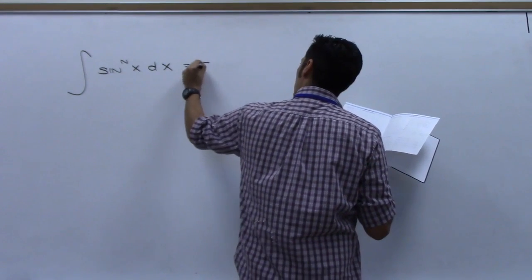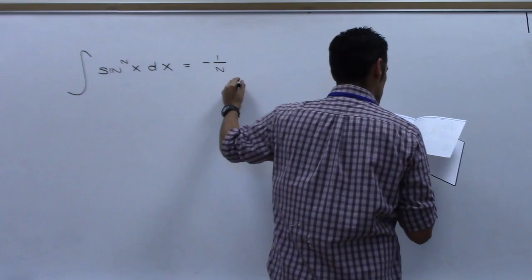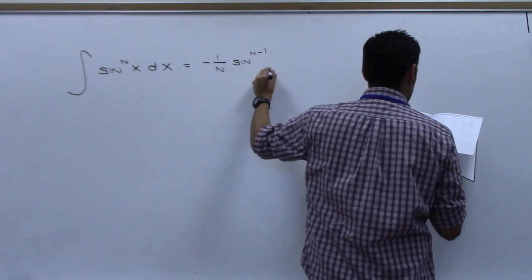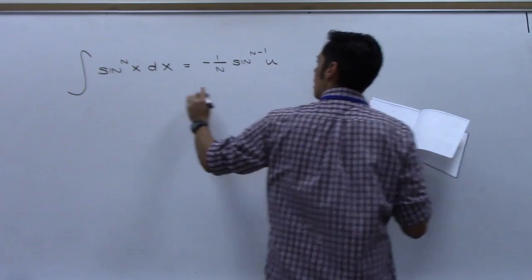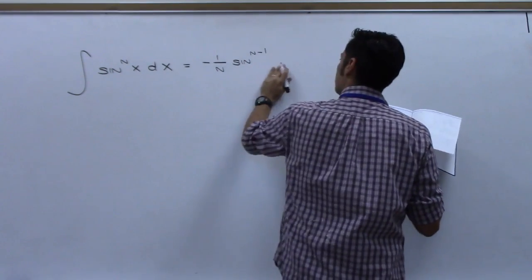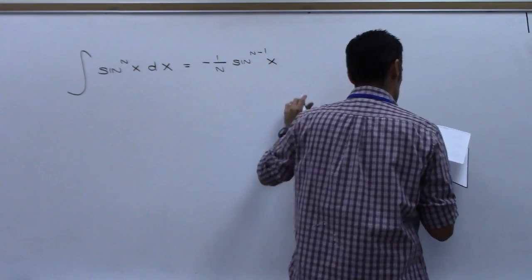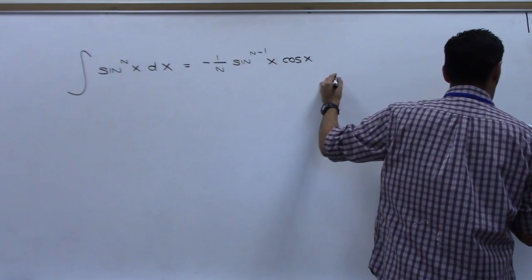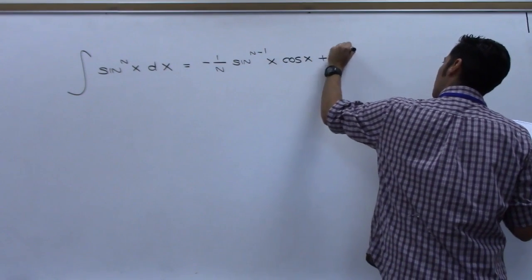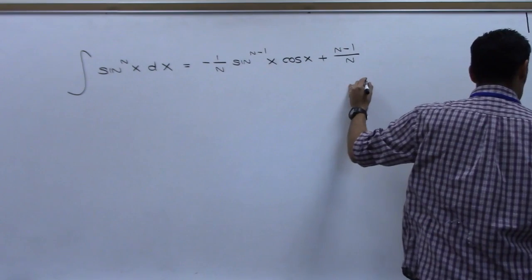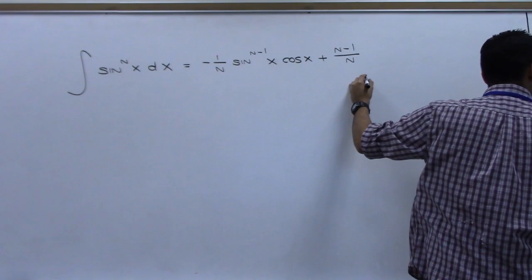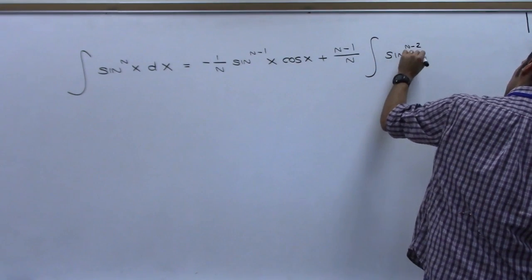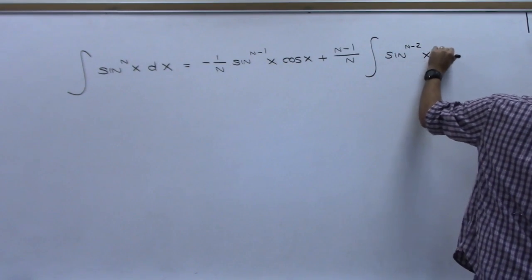It's negative 1 over n sine to the n minus 1 of u. I better switch this over to x's here. Cosine x plus n minus 1 over n integral sine to the n minus 2 x dx.